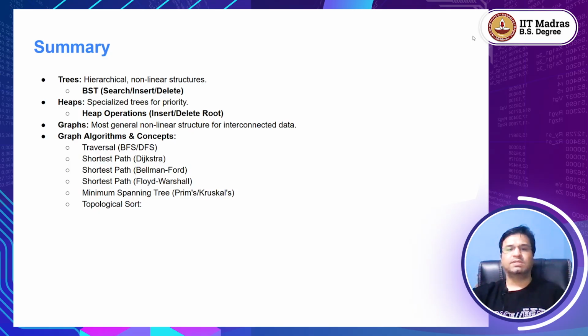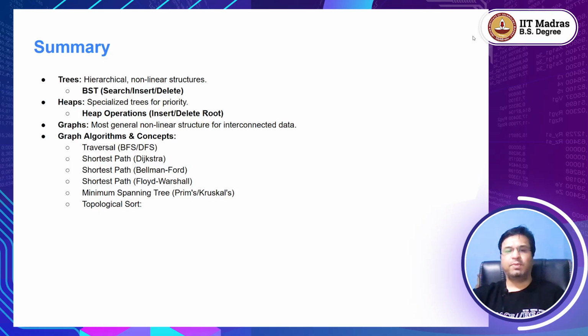Then we explored heaps, which are specialized trees for managing priority, ensuring quick access to the maximum or minimum element, with all core operations being highly efficient in logarithmic time. Finally, we covered graphs, the most general non-linear structure capable of modeling complex interconnections. We discussed common ways to represent them and then covered crucial graph algorithms.